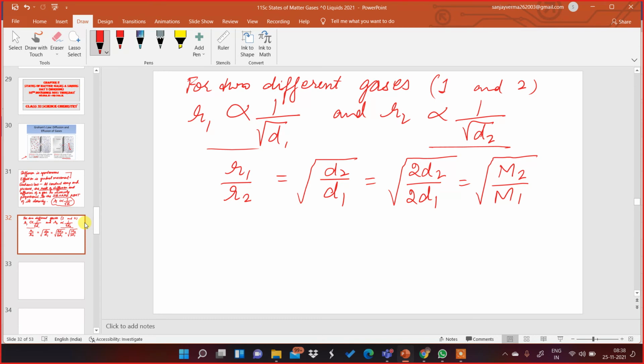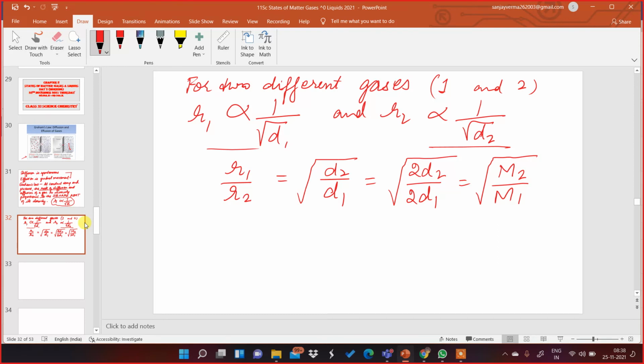Now, if we proceed further, comparison of time of diffusion taken for the same volume of two gases. If the volume of the gases diffusing is the same, we can compare the time also.